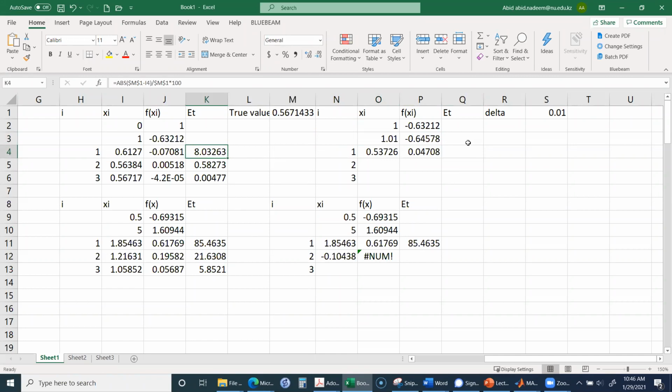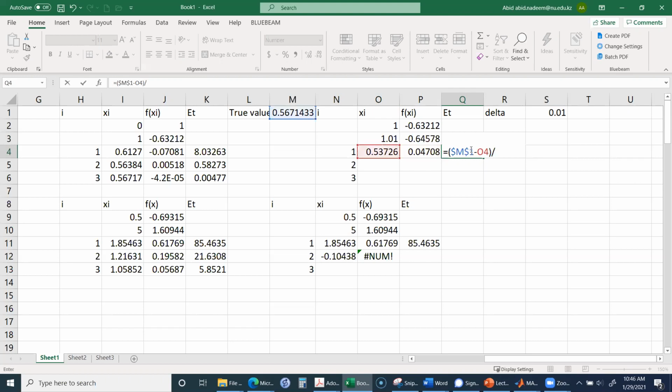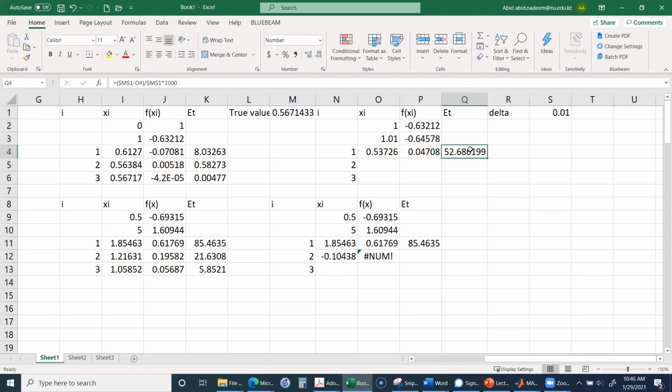The formula for the true percentage error will be the same: the true value, here f4, minus the calculated value, divided by the true value and multiplied by 100. Sorry, 100, not 1000. So it is 5.26.